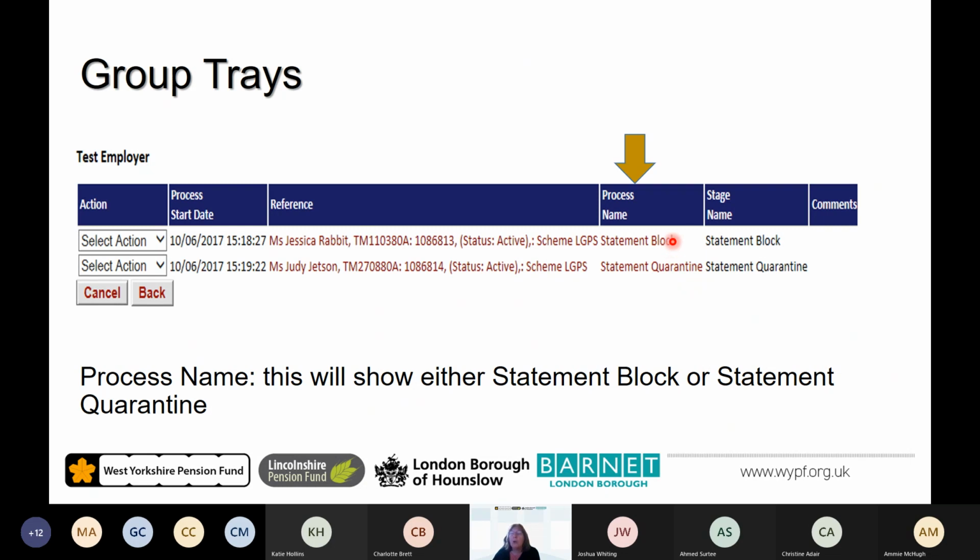A statement block means we are missing some information, so we physically can't produce a benefit statement, whereas a quarantine, we have looked at it and we're not quite sure that the information we've got is correct.